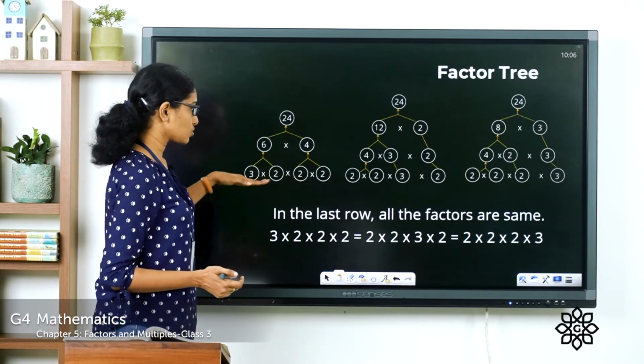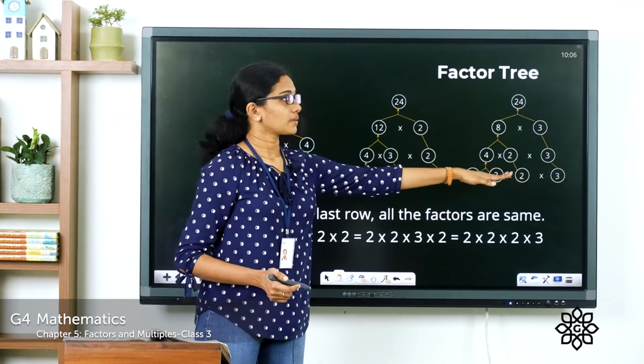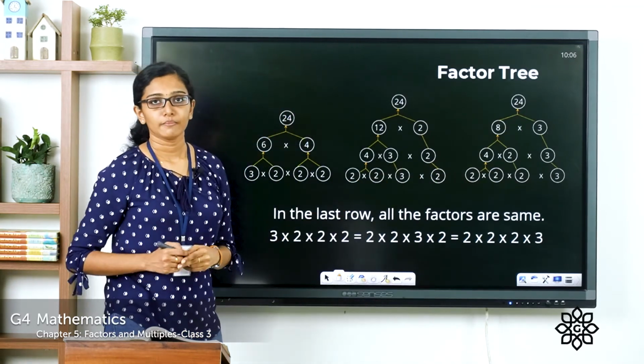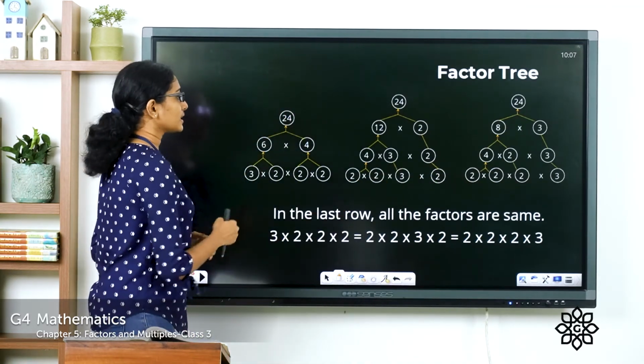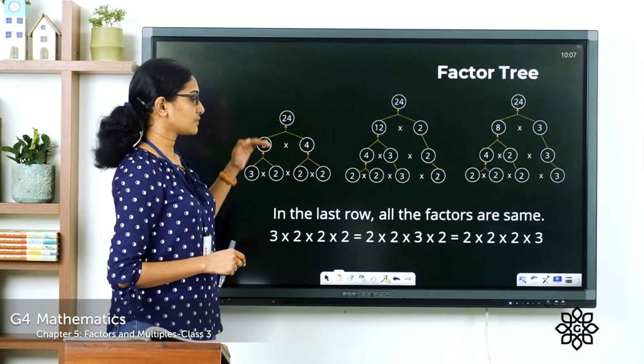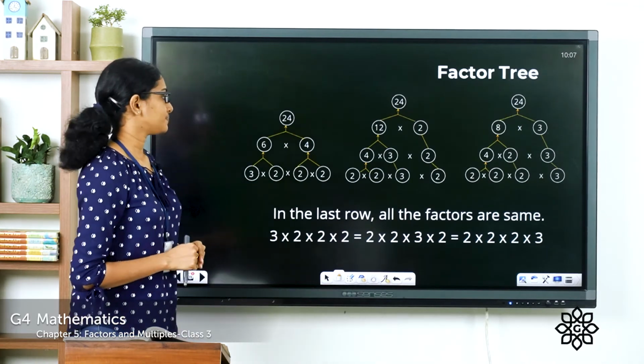So in the last row, we can see all the factors are prime numbers. The given number is represented in terms of its prime factors. So we can say a factor tree for a given number gives you its factors, and in the last row all the factors will be prime numbers.